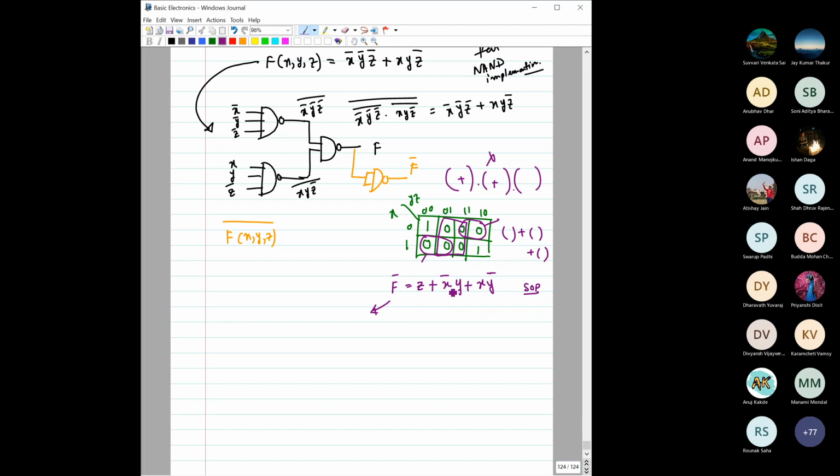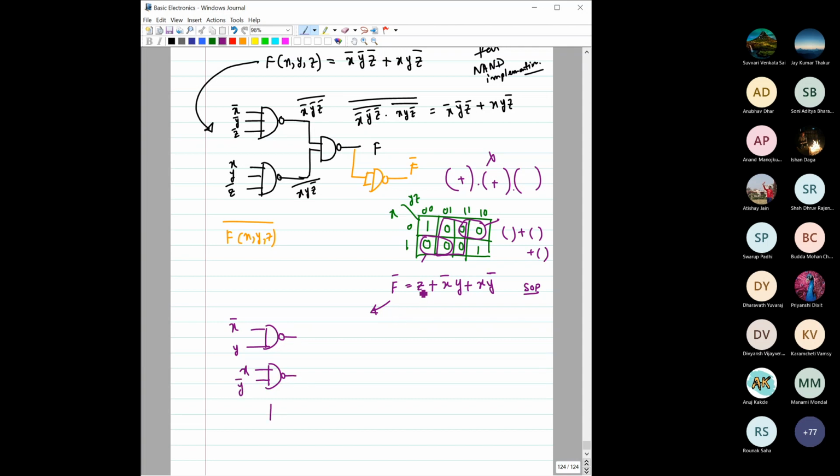See this here. This is x bar y. So what you can do here, x bar y. We are assuming that the inverse functions are also available. So here it is x bar, it is y. Then here it is x y bar.